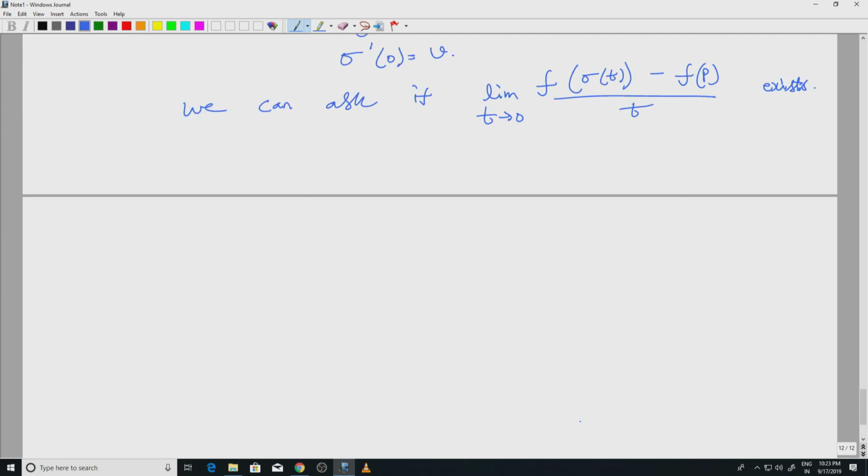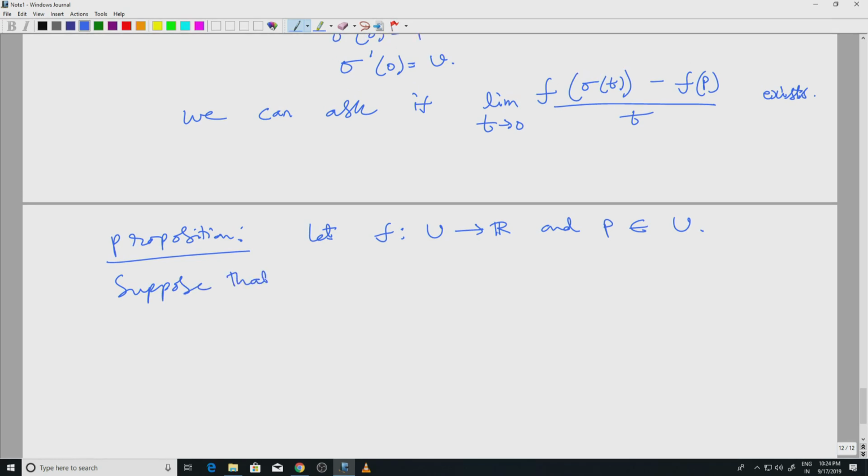So, therefore, I have the following proposition. Suppose that f is differentiable.